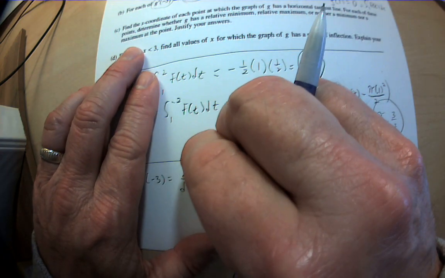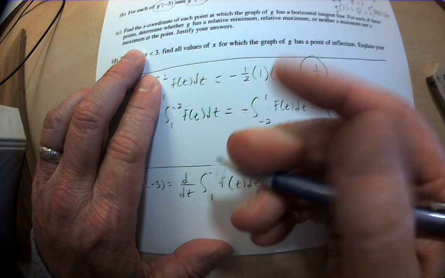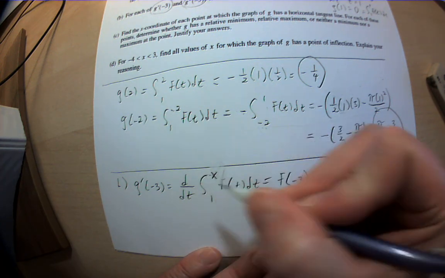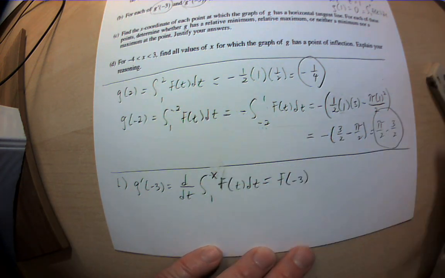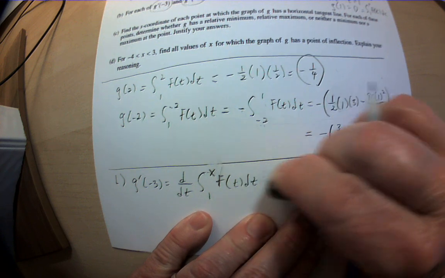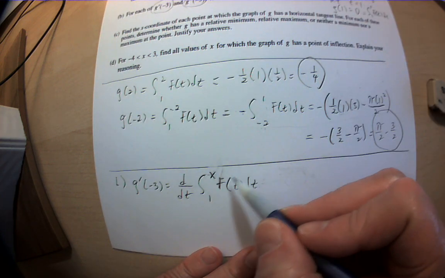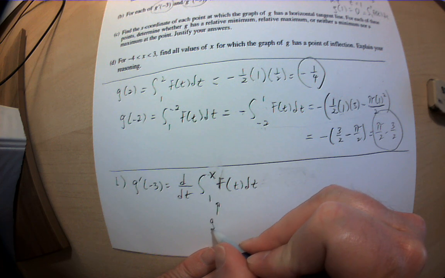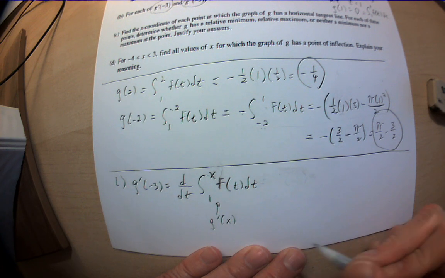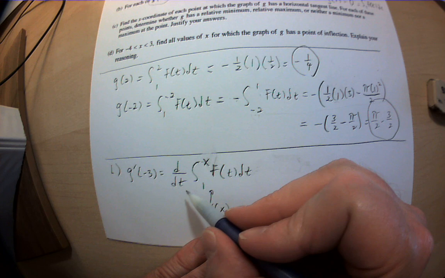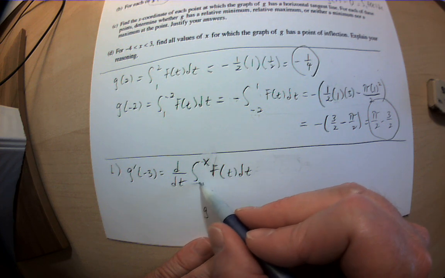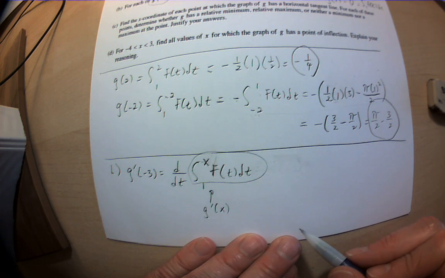All I do is I replace the derivative. So if I go back to this, if I had this and I said I wanted to evaluate, so this is the derivative of g. This is g right here. This here is g prime of x. Okay, that's g prime of x. So g prime of x is the derivative of the integral with respect to time.